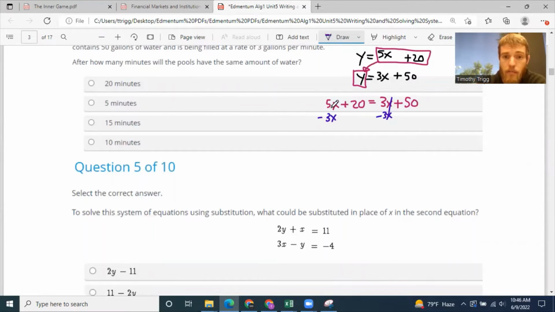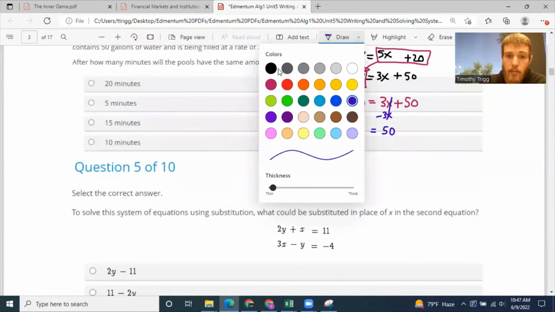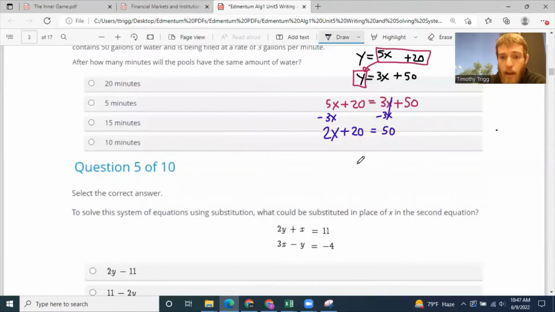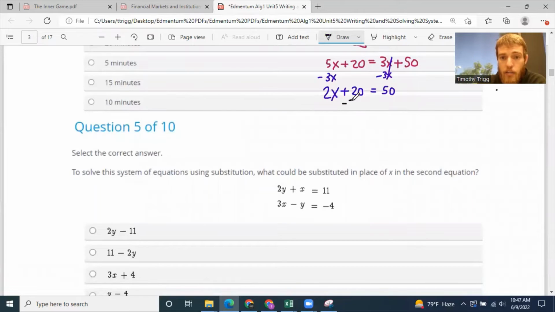So that's good. 5x minus 3x, 2x. So we have 2x. There's still a plus 20 over here. Equals, and then 50 on the right. Now let's go ahead and solve for x. So what would be my next step to solve for x? Hopefully you'd see I could subtract 20 on both sides of the equation. Generally, we get rid of whatever's adding or subtracting first.